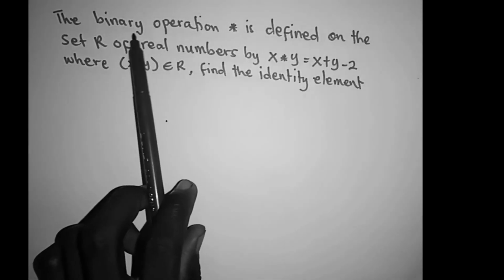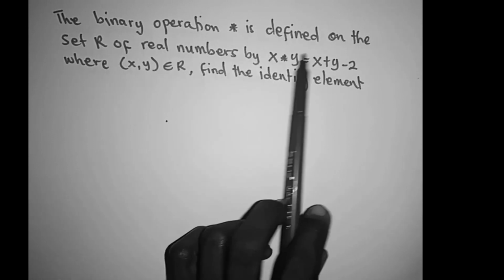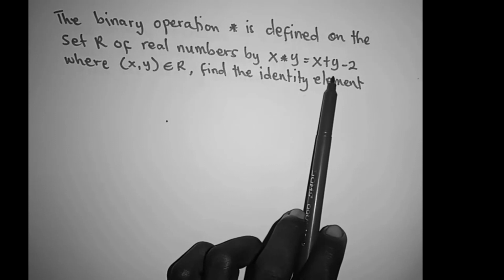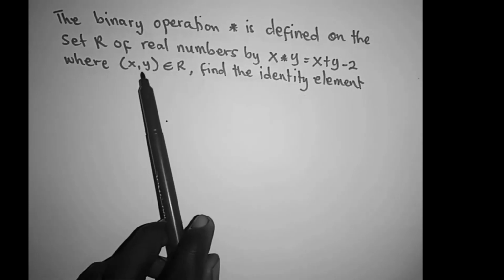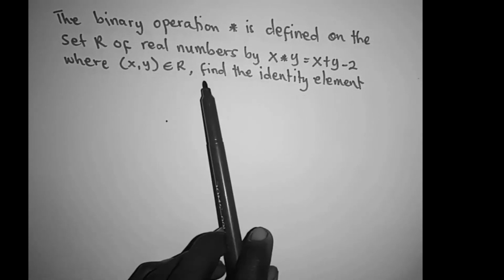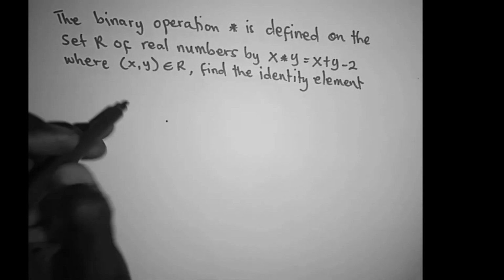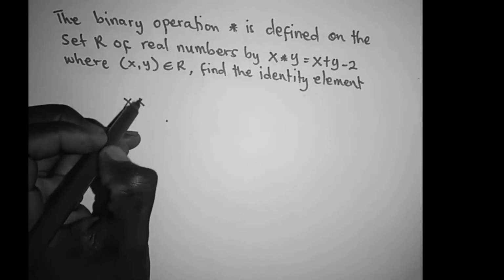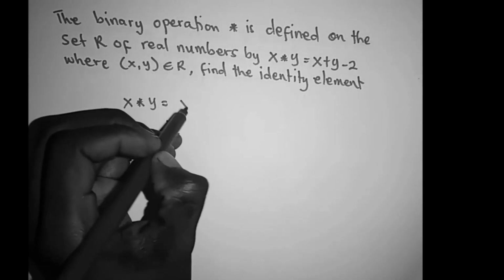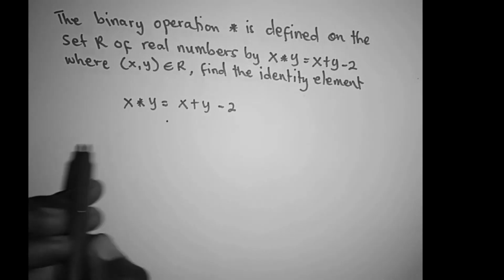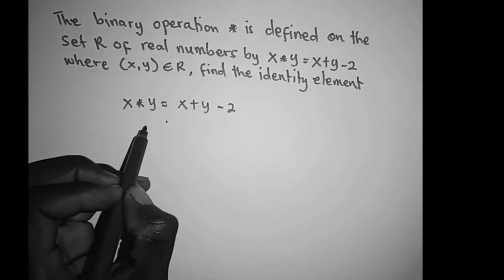A binary operation is defined on the set of real numbers by x operation y equals x plus y minus 2, where x, y are members of real numbers. Find the identity element. So remember what we said.